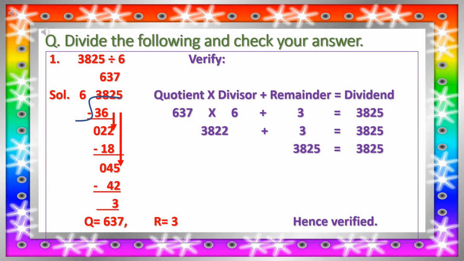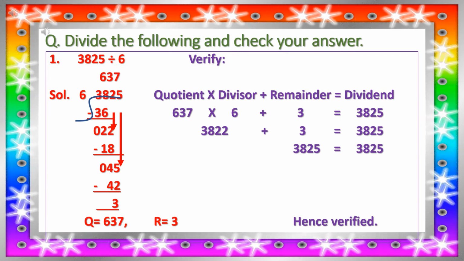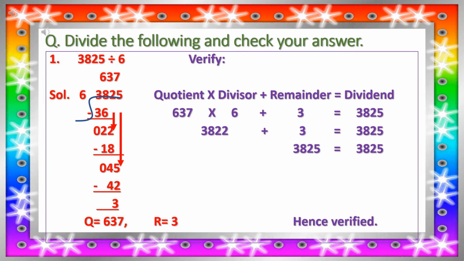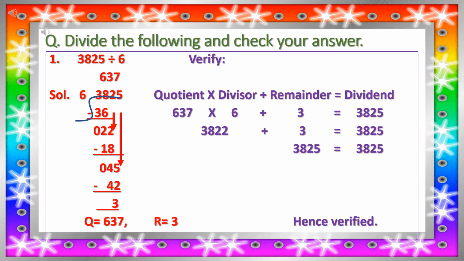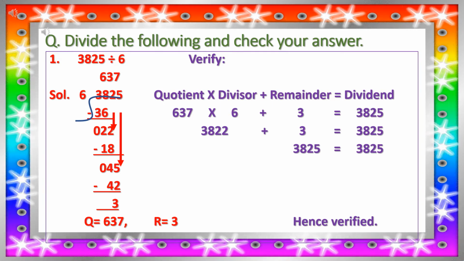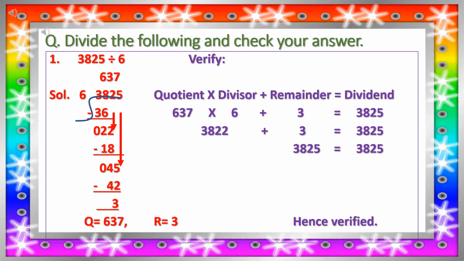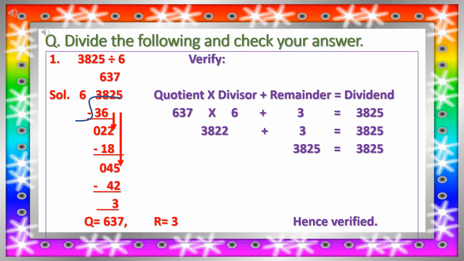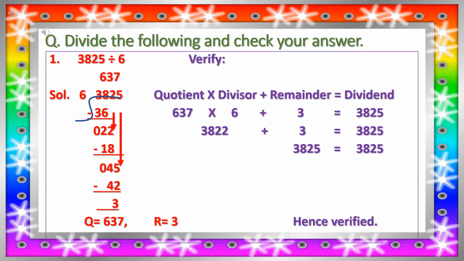So we will now take the next digit which is present at hundreds place and we will treat 38 as hundreds. 38 hundreds. Now we will divide it by 6. Now 6 6s are 36. So we will write 6 as quotient over 8 and we will write 36 under 38.